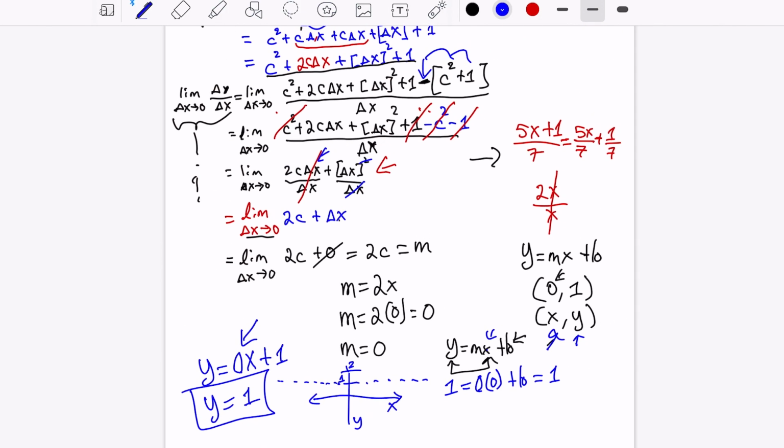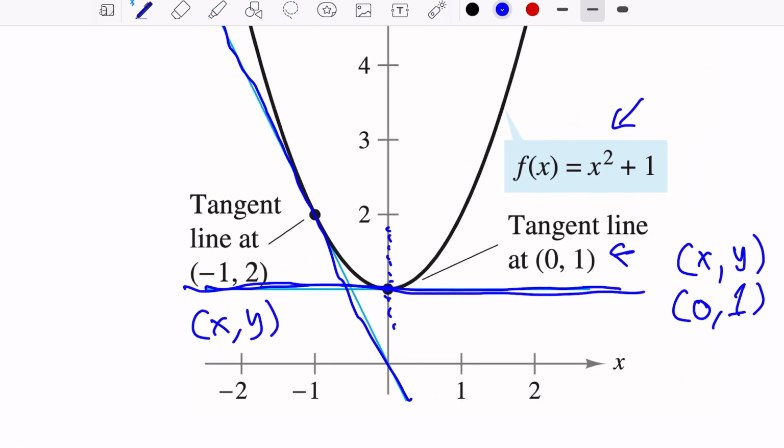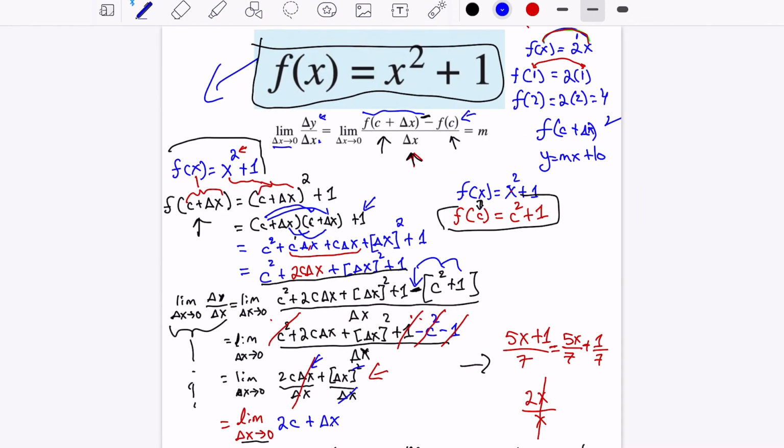If we go back to our graph, here it is, x squared plus 1. We can see that our tangent line is right here and down here. Here's my x equal to 0. I'm sorry, my y equals 0. Here's my y equals 1, just like we had in our graph.